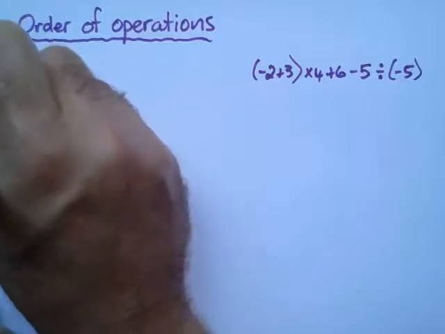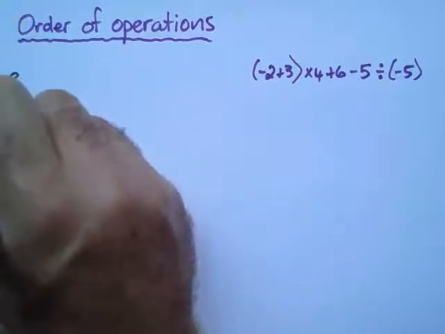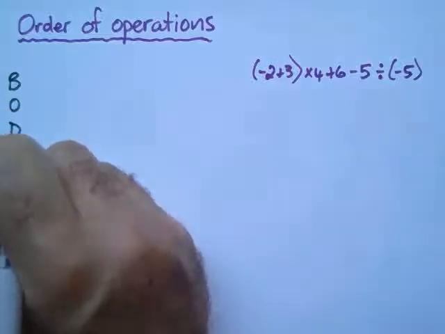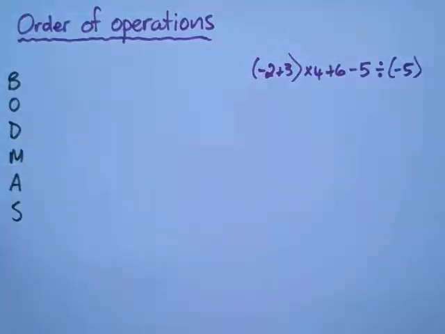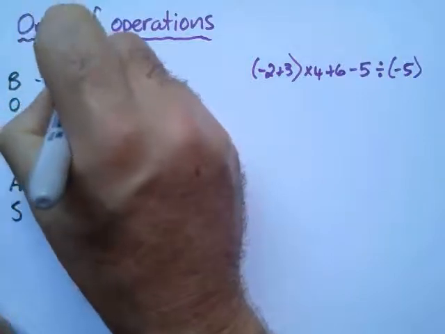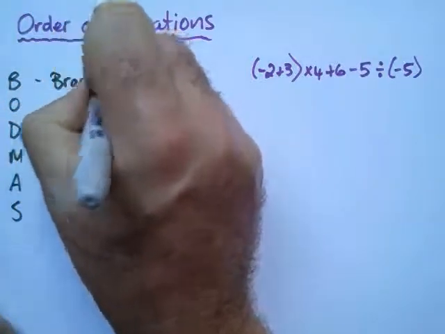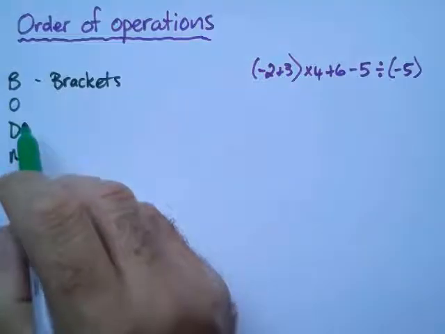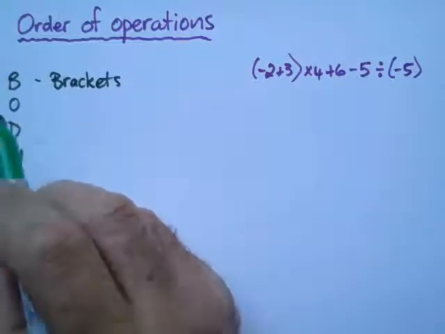You've learned BODMAS. Let's have a quick look at what BODMAS stands for. The first one was brackets, so we did brackets first. Then the O was over or order.